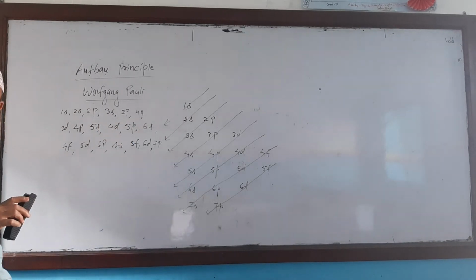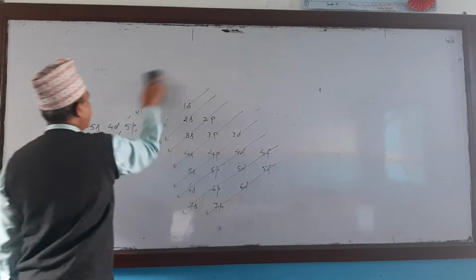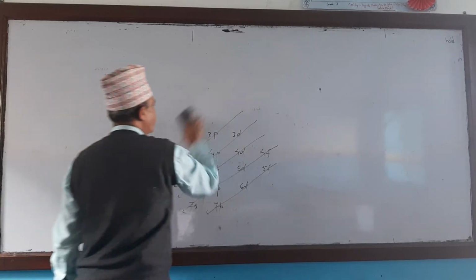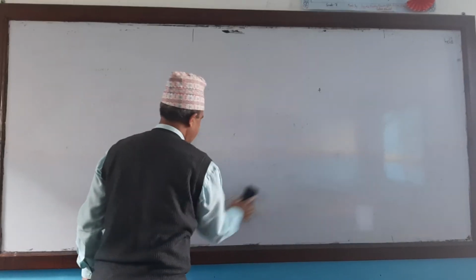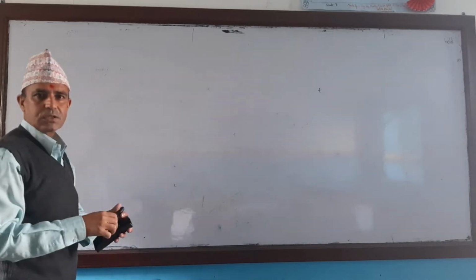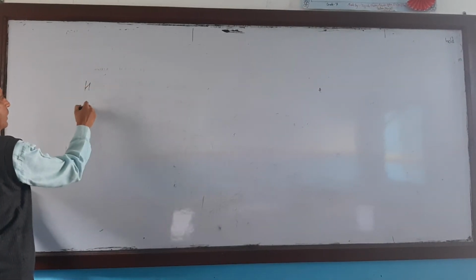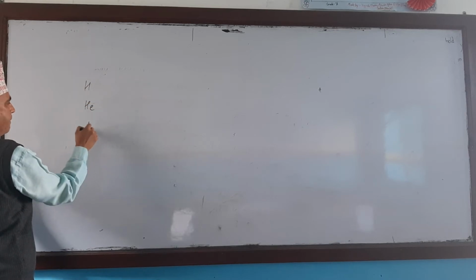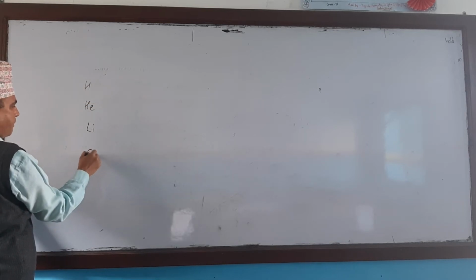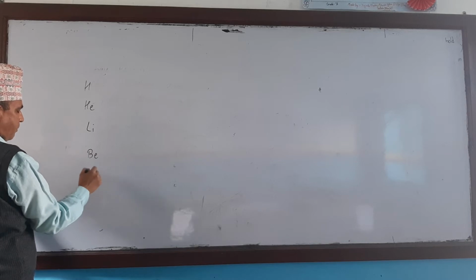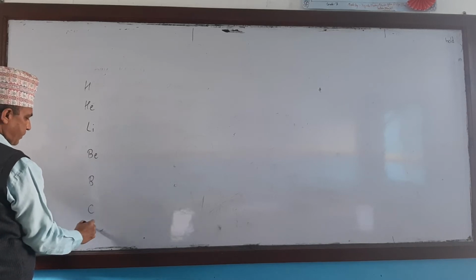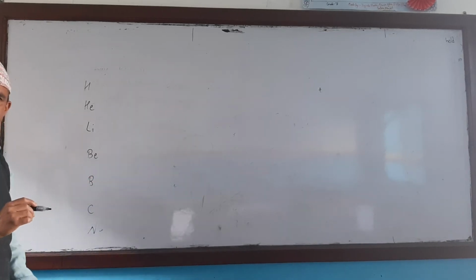Shall we begin now? I'm going to guide you on how to write the electronic configuration of these elements. Tell me the first elements: hydrogen, helium, lithium, beryllium, boron, carbon, nitrogen.